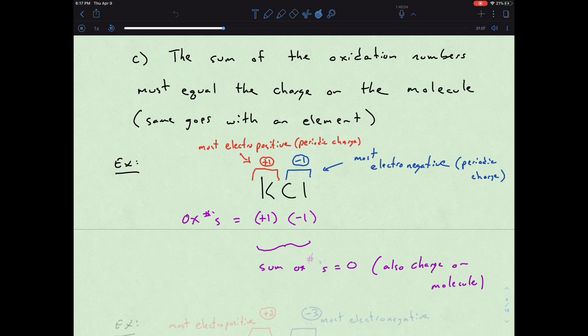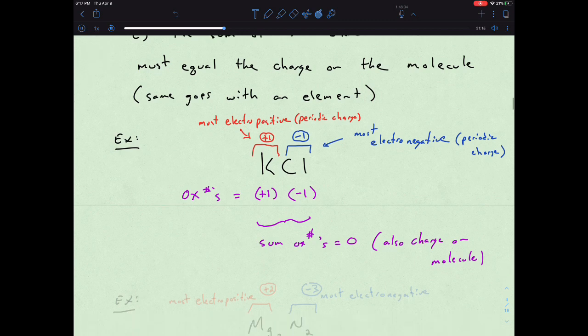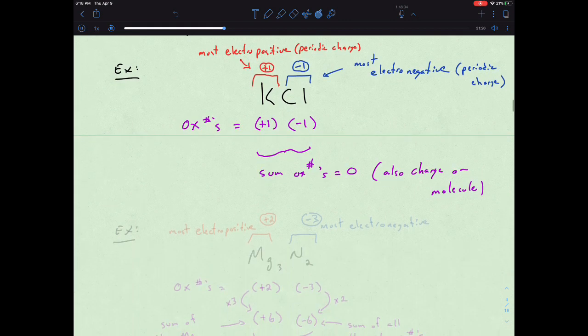The molecule potassium chloride does not have a charge, and so those oxidation numbers should cancel out so that we have a 0, and they do. Let's look at another example.